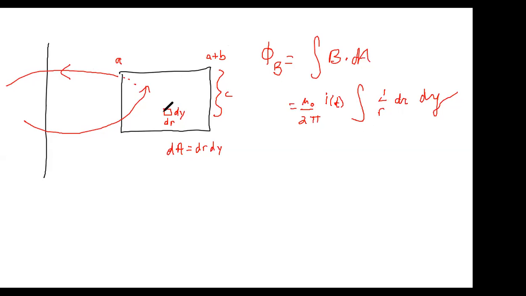And the integral over r is going to be from a to a plus b. So this gives me mu naught I as a function of time over 2 pi, times c, times a log of a plus b from a.